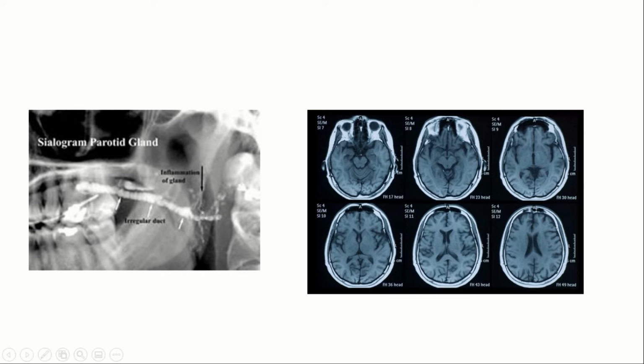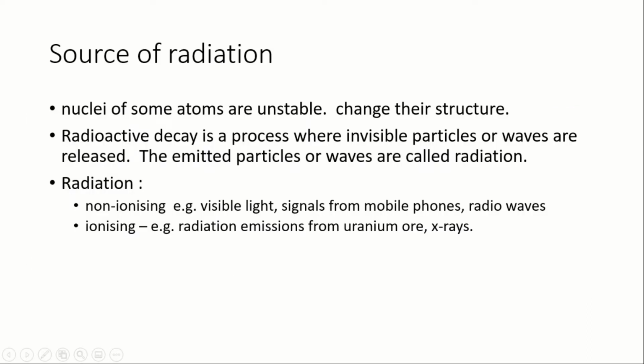We want to know where the calculus is. Radiation comes from many sources, for example from the background, not only from the radiation source that we usually hear about, which comes from decaying molecules. It can also come from our surroundings, like while you are sitting in a room, you are experiencing some radiation as well.